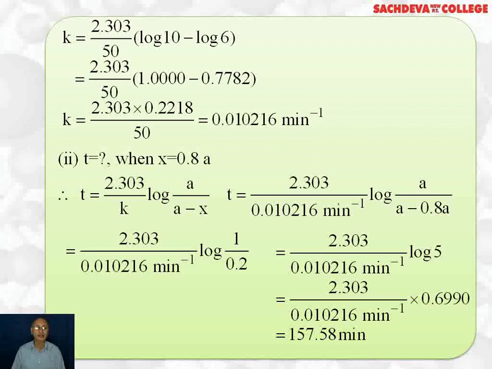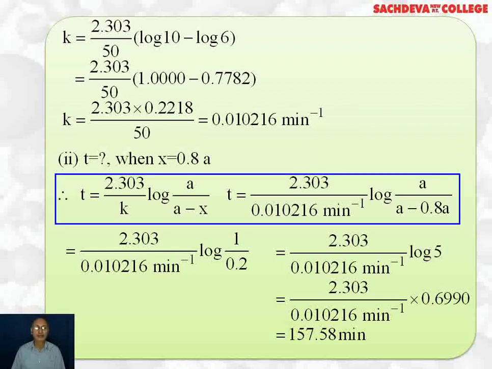Second part, we have to find out t when x is equal to 0.8a. 80% means 0.8a. t is equal to 2.303 divided by k log of a divided by a minus x. So t will be equal to 2.303, we are substituting the value of k, 0.010216 minute inverse, log of a divided by a minus 0.8a, because x is equal to 0.8a.